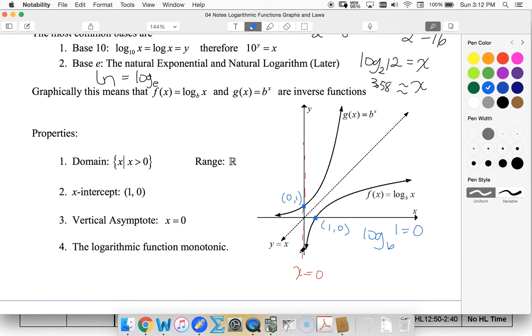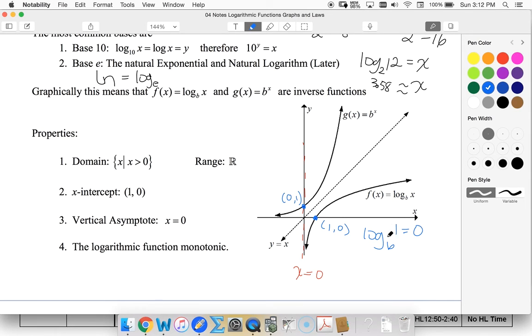It's my vertical asymptote. Remember, we will never have a negative number as our result of exponentiation. So remember, we had y equals 0 as our horizontal asymptote because no matter what power we raise this to, we always get out a positive answer.